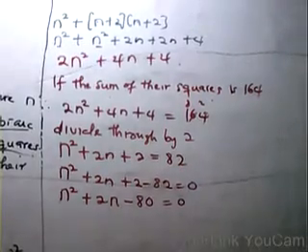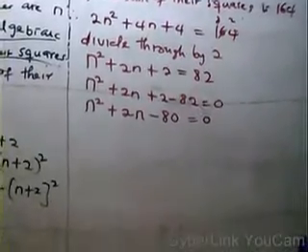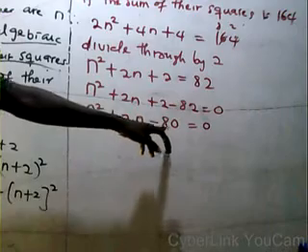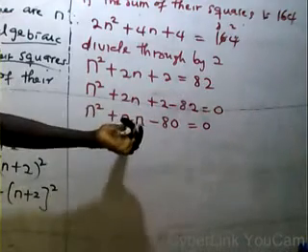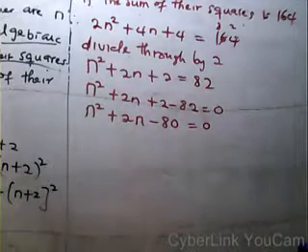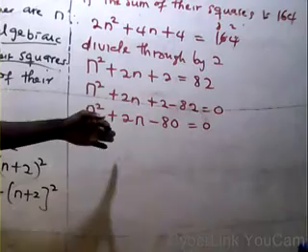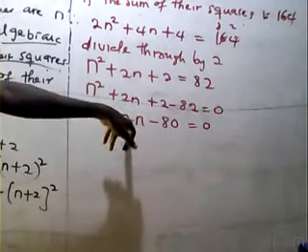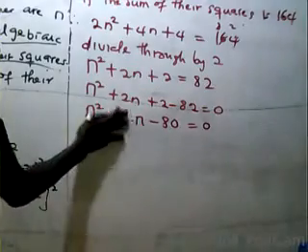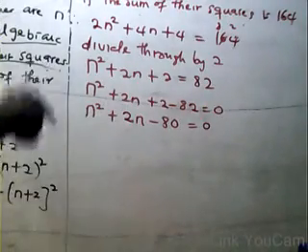Now, we want to factorize this, which means you look for two numbers whose product will give you minus 80 and whose sum will give you plus 2. How do we do that? I gave you a hint on how to find the two factors. You can also use it for this one. When you divide that 80 by 2, you get 40.